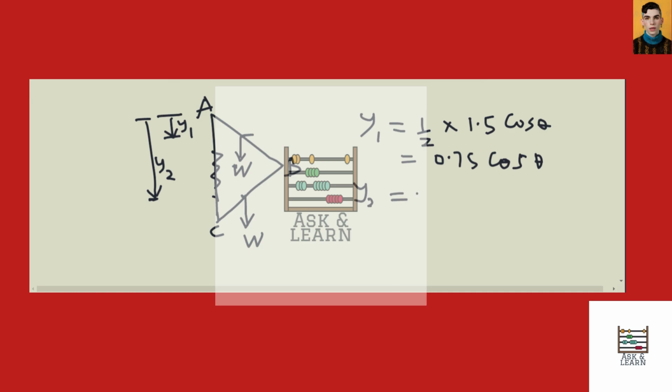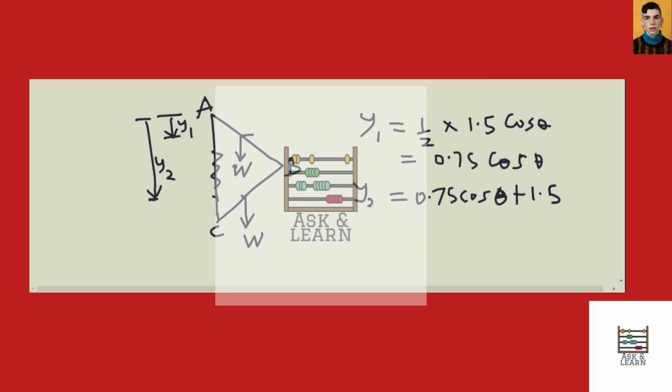It's going to give us what we have here, 0.75 cos theta, as you can see from the diagram, plus, from this point up here, from the center of gravity of W along this BC, we're going to have plus 1.5, because the length of each of the members AB and BC is 1.5 meters.